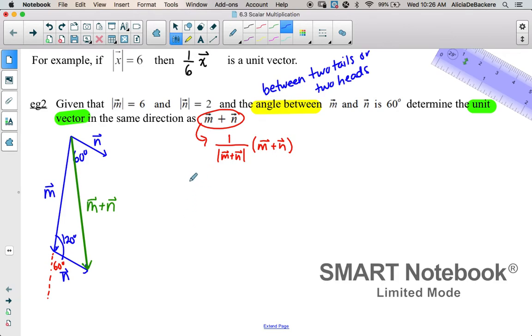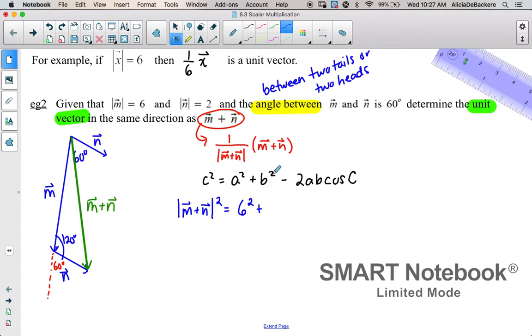All right. The cosine law, in case you've forgotten it, again, is c squared equals a squared plus b squared minus 2ab cos c. I'm going to fill in my vector stuff here. So we're going to be finding the magnitude of m plus n squared is equal to, and so here I'm going to be thinking about a as my vector m, and the magnitude of that is 6.